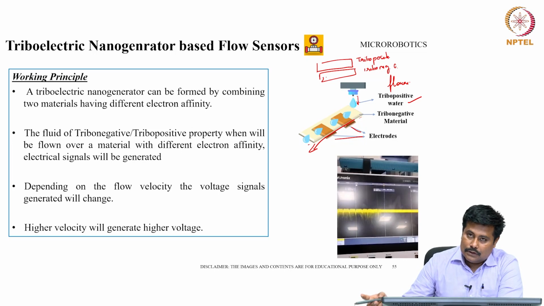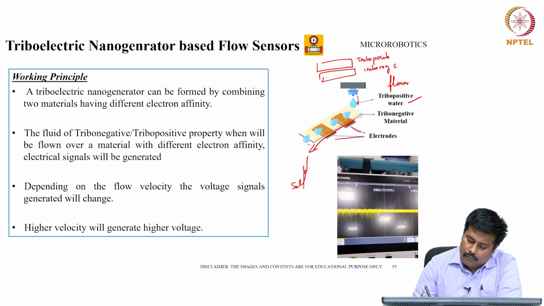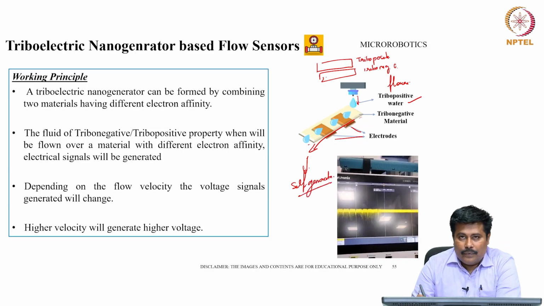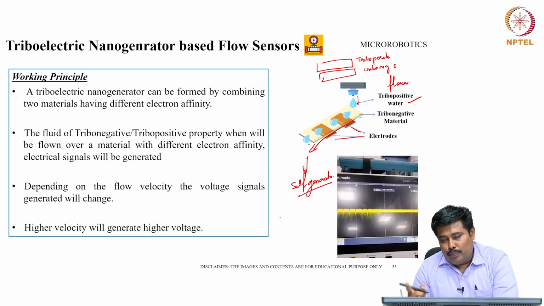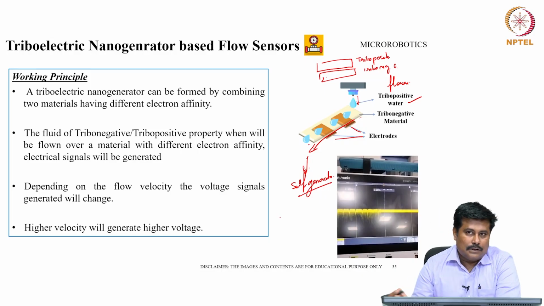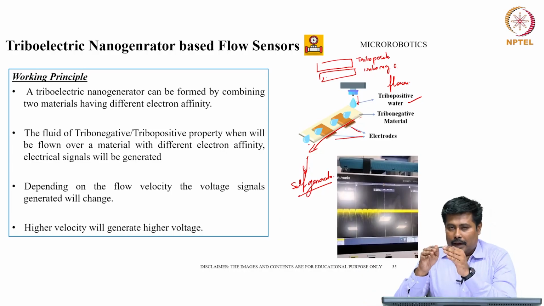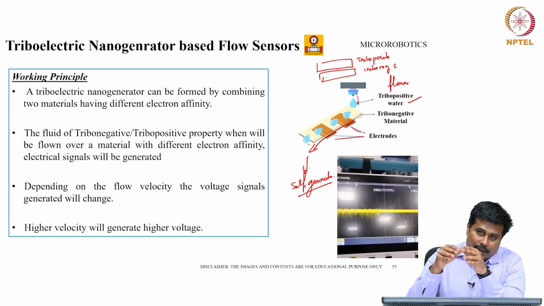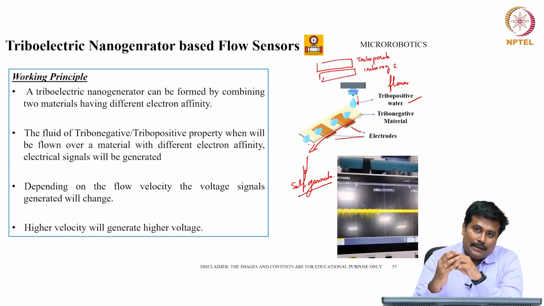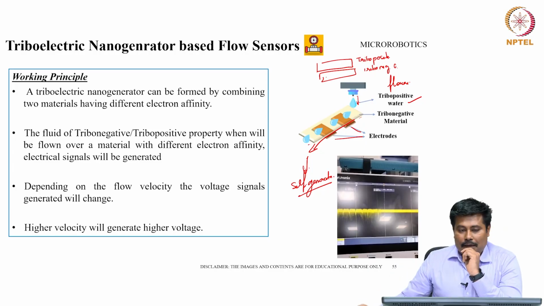So this also comes under the category of self-generating systems, which have the capability to propel micro robotic systems appropriately. This is a new technology which can be used for encapsulating these micro robotic structures for self-powered systems.